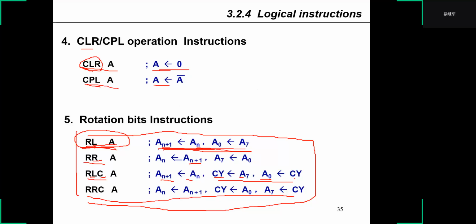In binary, when we move the bits to the left, it means we times 2. If we move to the right, it means we divide by 2.